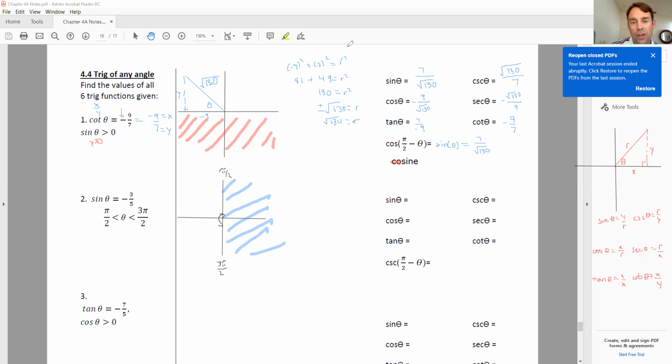So I'm looking at my sine. If sine is negative, that means my y value is going to be a negative number. So that's down here. Sine is the same thing as y over r.